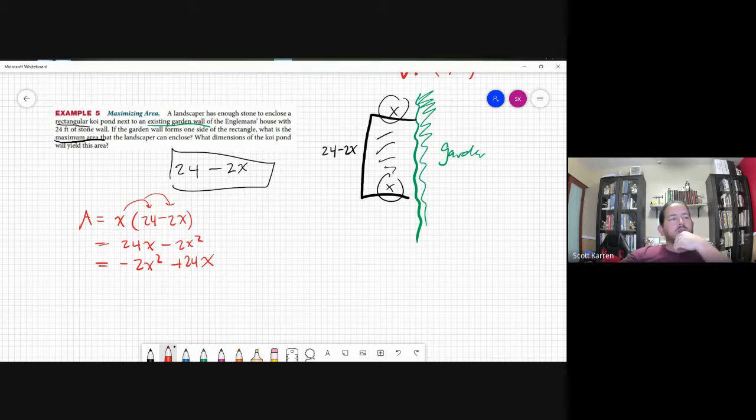So what I want to do is figure out how to maximize this area, but what I have is a parabola, right? Because it's an x squared, this makes it a parabola. Because there's a negative right there, that means that it opens downward.